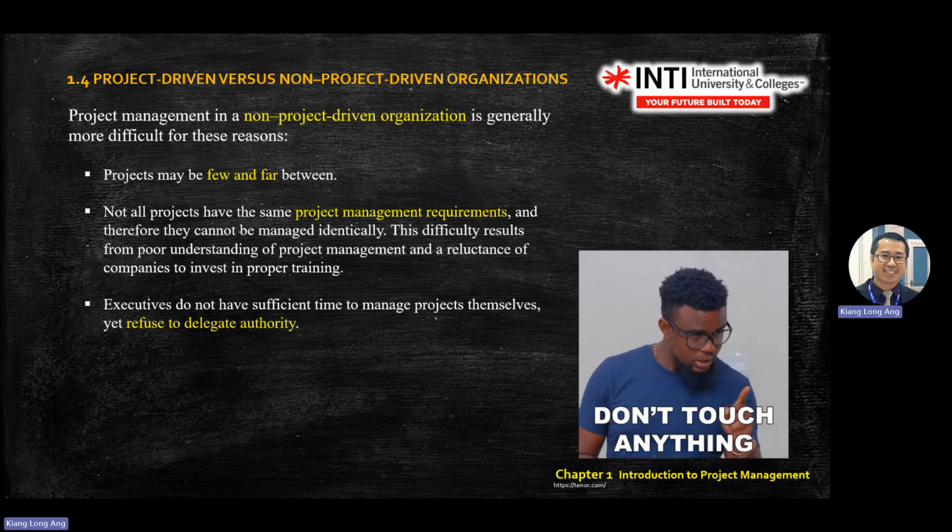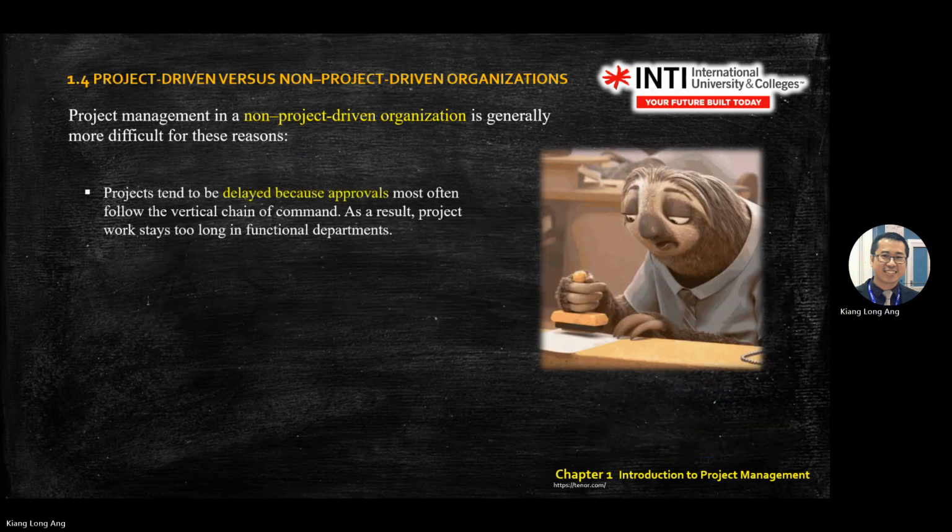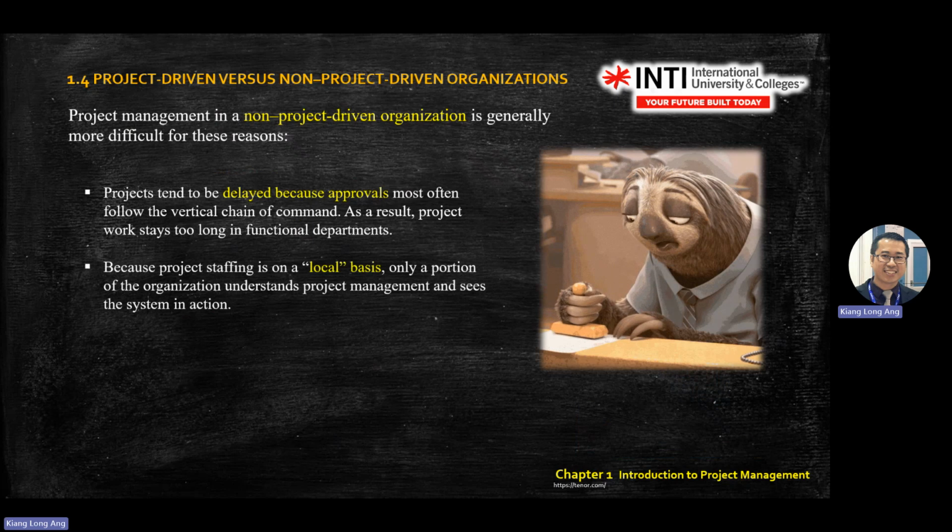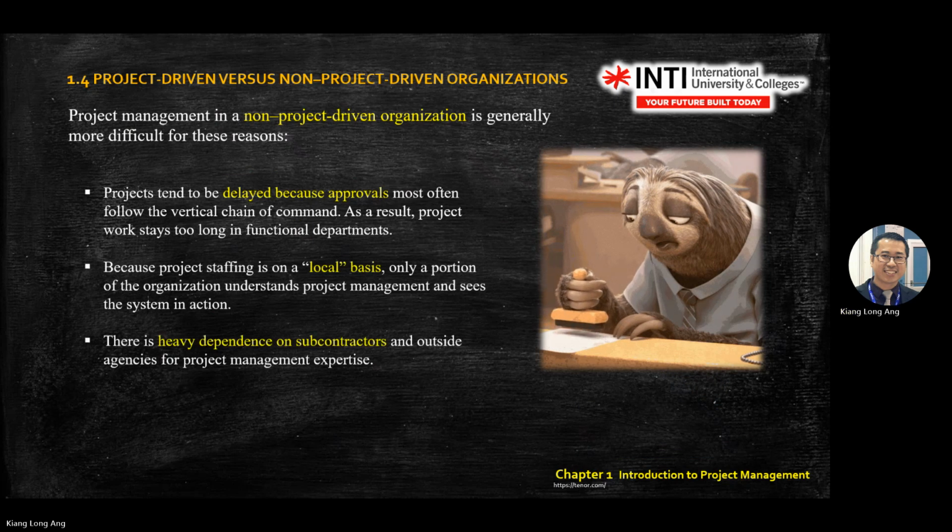For project-driven, usually it works very fast and decision making is also very fast because the communication is very clear. The rest you read. Delayed approval is because of the vertical chain of command; you need to report from one level to another level.